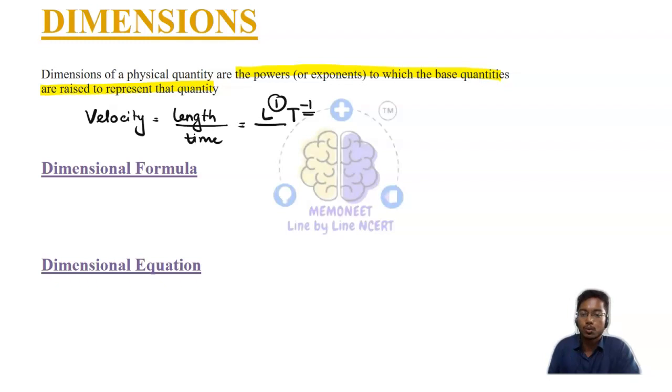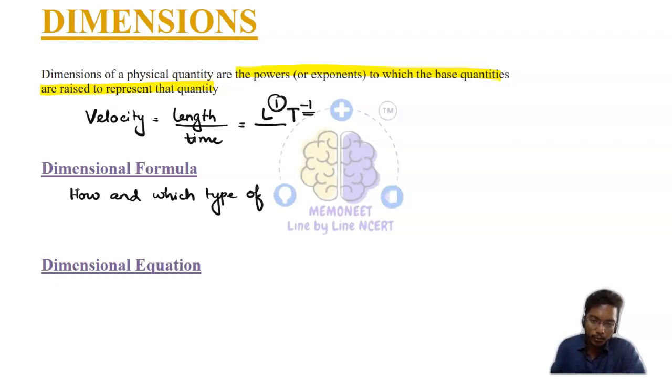So, dimensional formula. What is the dimensional formula? It represents how and which type of base quantities are included in that quantity.